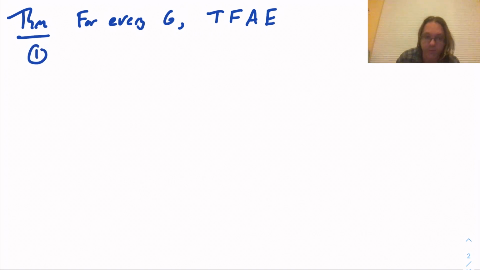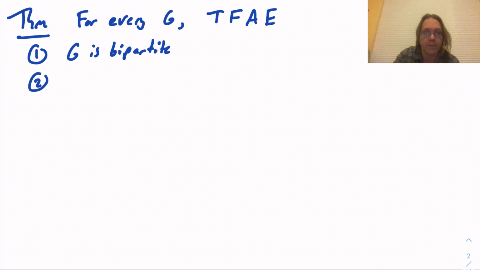So the three statements are: 1, G is bipartite. Statement 2, G has no cycle of odd length.